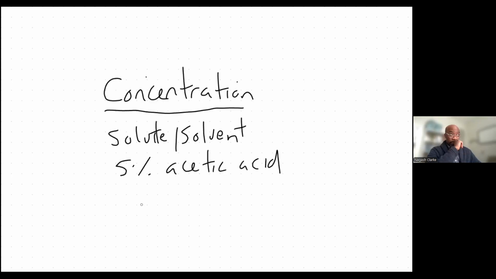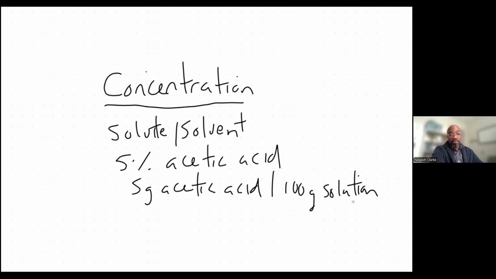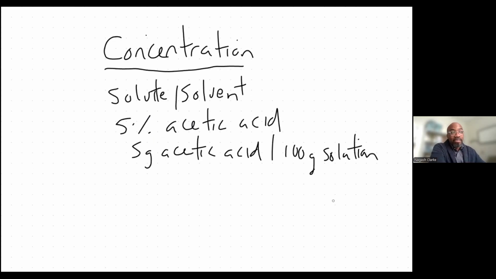So we're looking at 5 grams acetic acid per 100 grams solution. In the case of water, we could say 100 milliliters solution, since the density of water is 1, so the grams and the milliliters are the same number. So it could work like that.